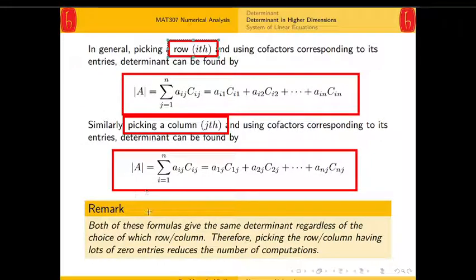Therefore, picking a row or a column having lots of zeros reduces the number of computations. If we have lots of zeros on a row, these aij's will mostly be 0, and then this addition will simplify, because if aij is 0, we don't have to find the cofactor itself.